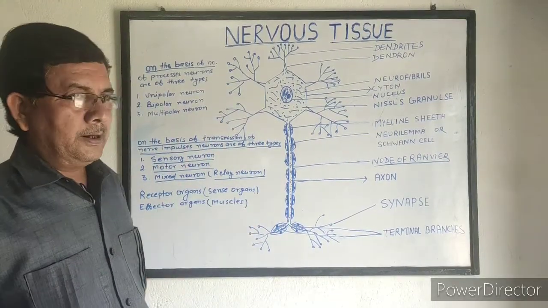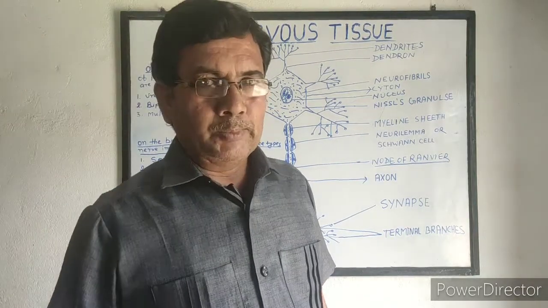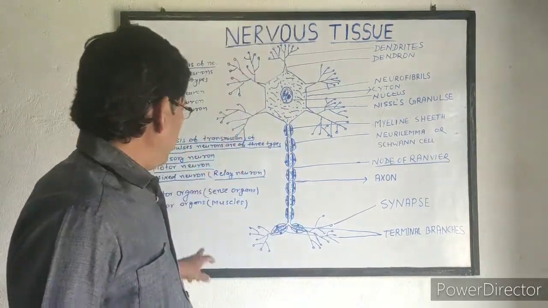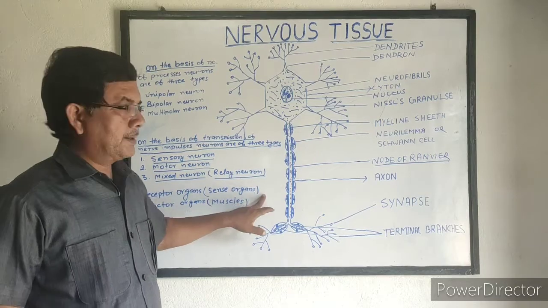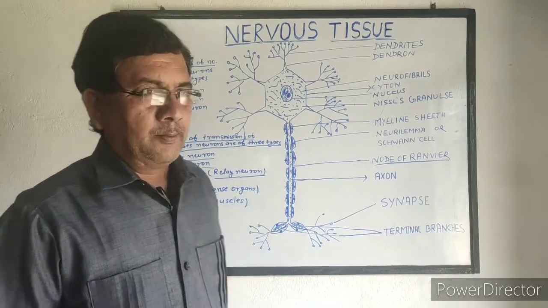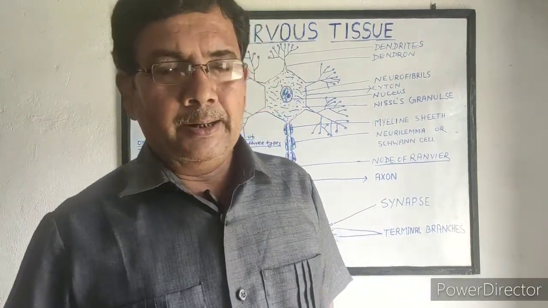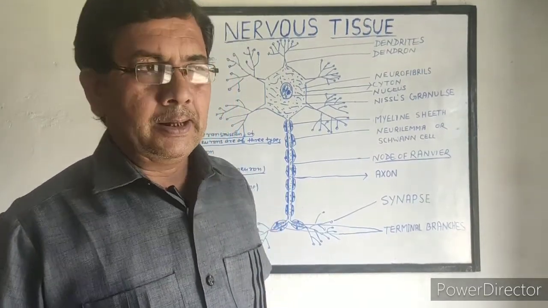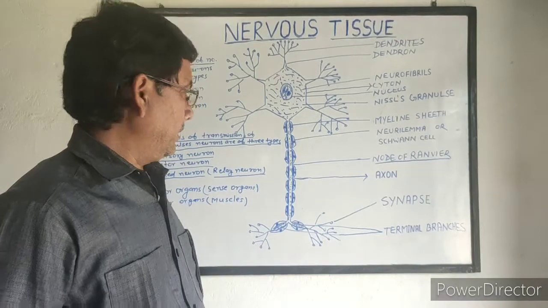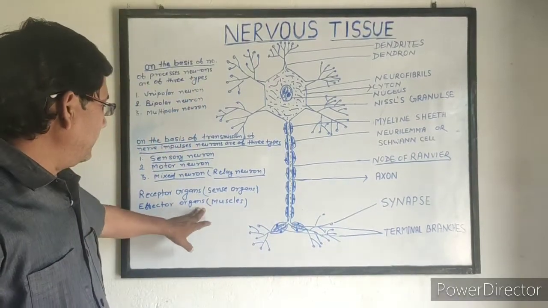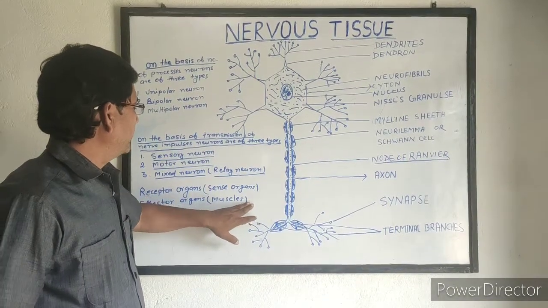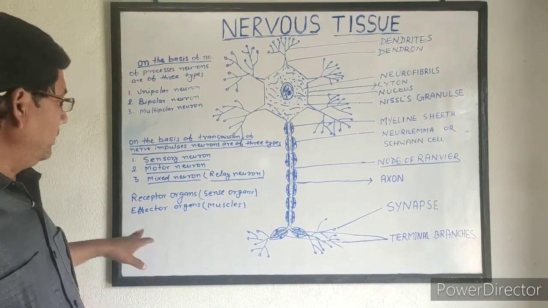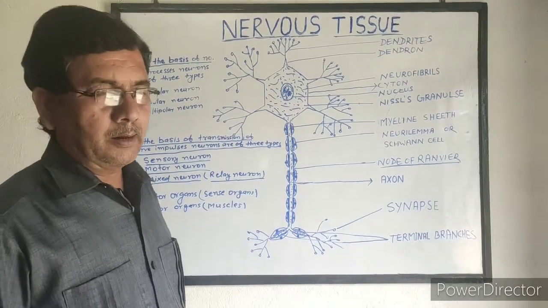That means receptors are the sense organs. Sense organs receive the stimuli from the environment. Next, this stimulus is transmitted to the brain or spinal cord, and then the order of the brain or spinal cord is transmitted to the effector organ, where it works according to that order.